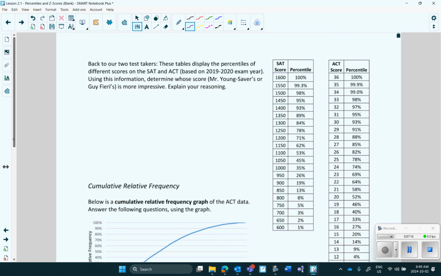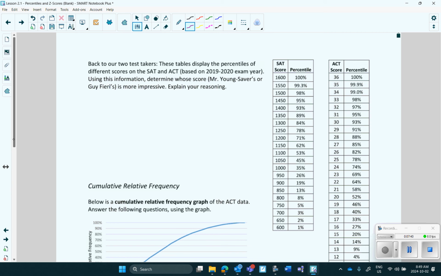Obviously, if you scored 1600, you're at the 100th percentile, because that means your score is the same or better than 100% of the others. You don't say your score is 100%. You say your score is at the 100th percentile. Just like 1550 doesn't mean that you scored 99.3%. It means your score is the same or better than 99.3% of all the people that wrote the SAT.